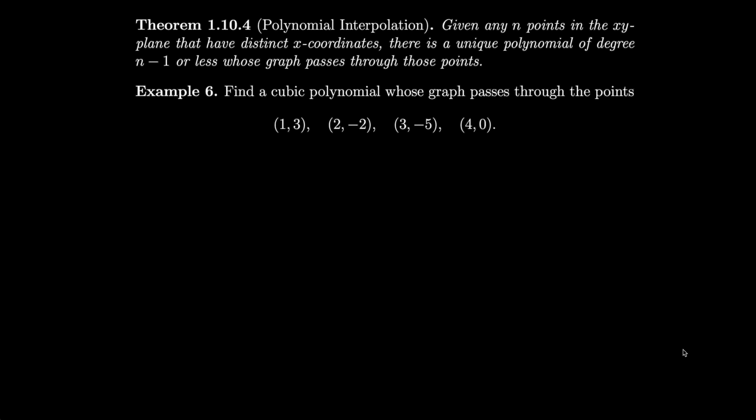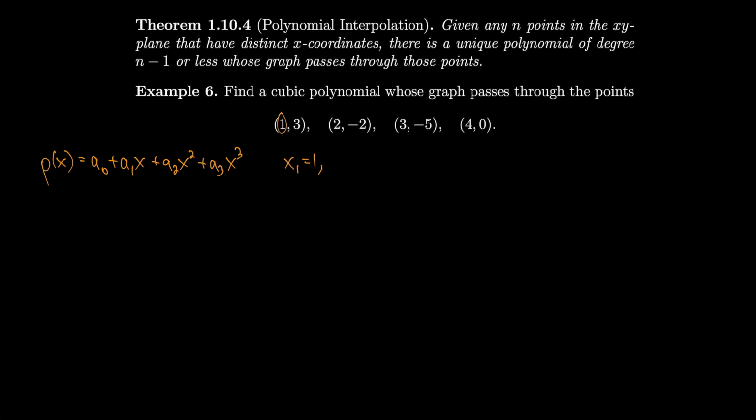So just to write a general polynomial, I'll let p of x equal a0 plus a1x plus a2x squared plus a3x cubed. That's a general cubic. It looks like I've got x1 equal 1.